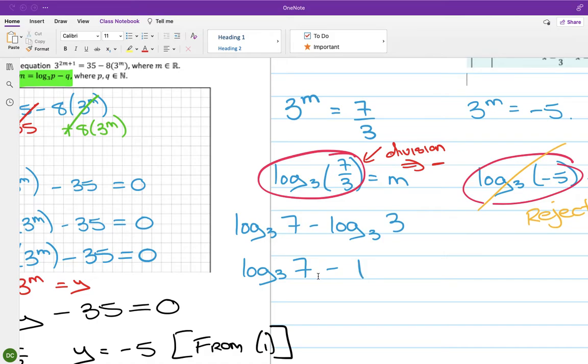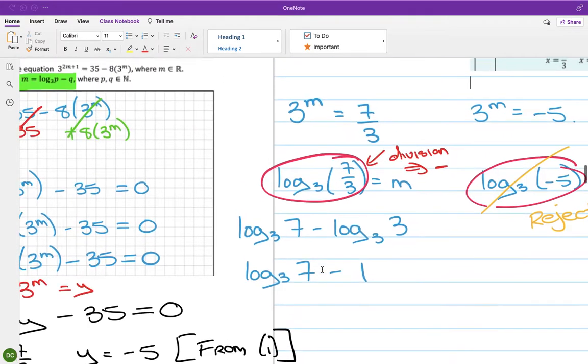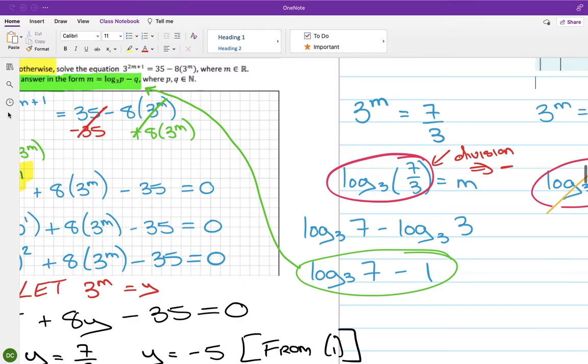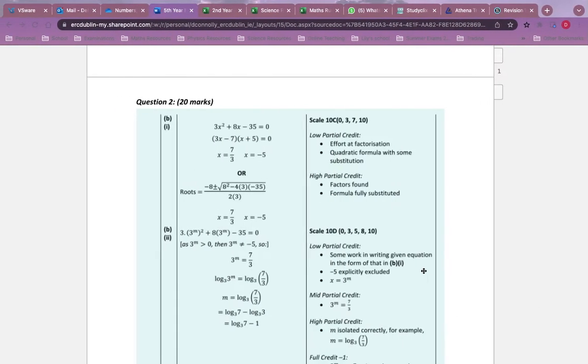And now if you compare this here to that, log to the base 3 of a number minus another number, and then look, it says P and Q are going to be natural, and my P and Q are 7 and 1. So I think that looks correct to me. Hopefully, yeah.